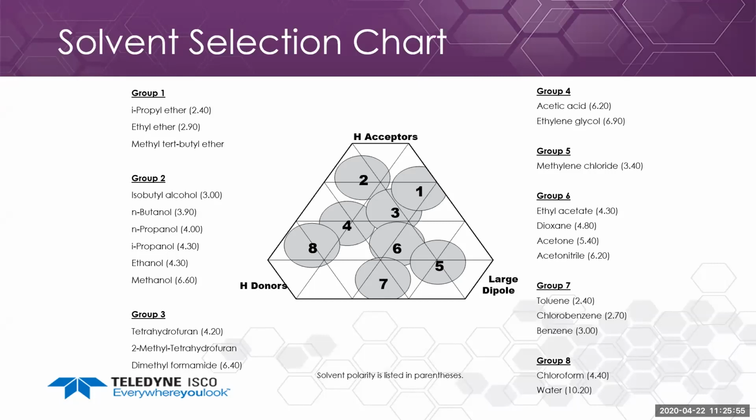Another way you could look at this is if you know you have a separation that doesn't work and you're using diethyl ether as a solvent, or MTBE, you could change to ethyl acetate or vice versa. You could go to a different group and see if you can get different selectivities. So there's two ways to use this table. It's a nice guideline.